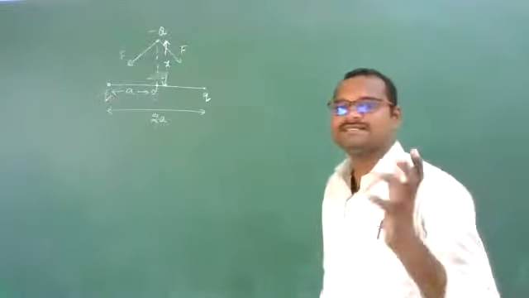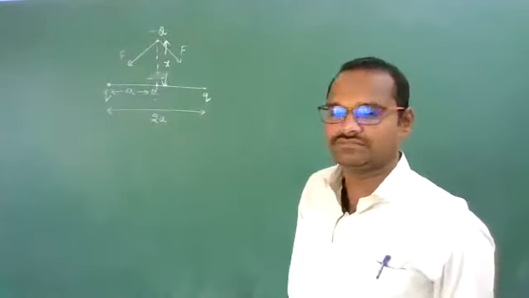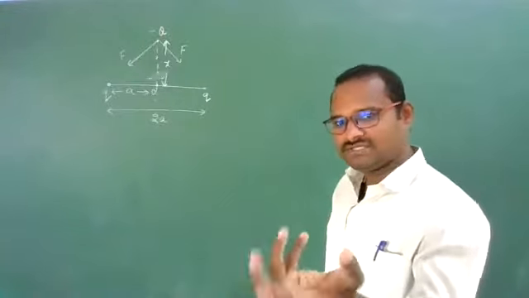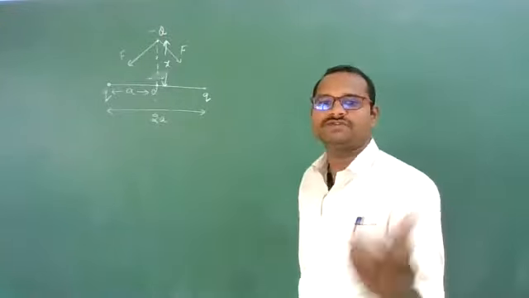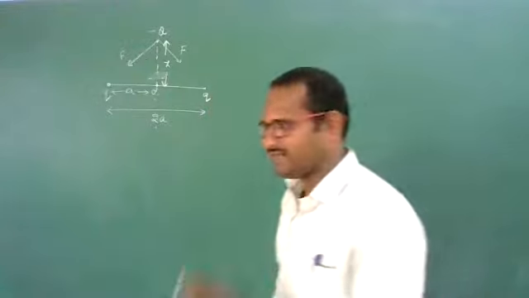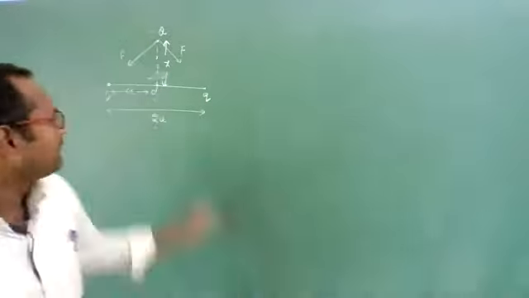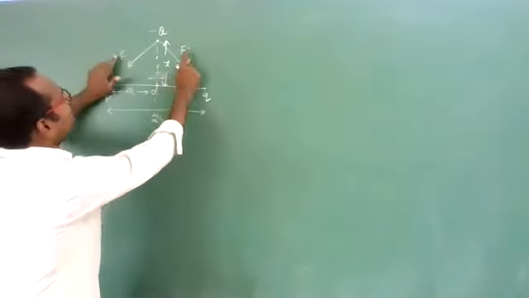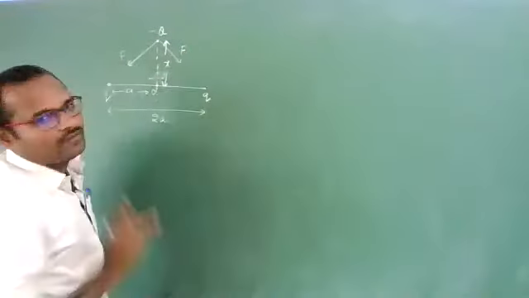Once a particle is under stable equilibrium, it will perform SHM, and if it is performing SHM, we need to find the time period. Let us find the time period of this charged particle perpendicular to the line. One thing you see: I have given the two forces as equal. Why?